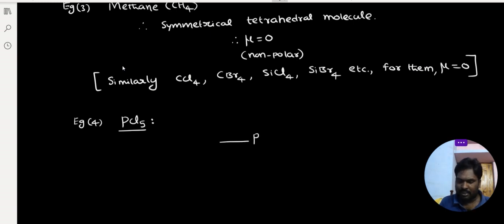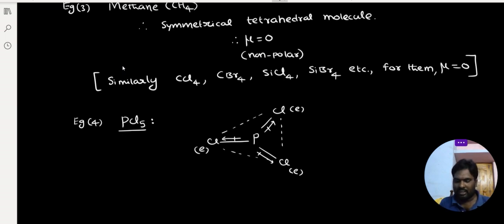There are three equatorial bonds, and like boron trifluoride, the resulting dipole moment for them is 0. The remaining two are axial, at exactly 180-degree bond angle, so the bond polarities of these two axial bonds cancel.